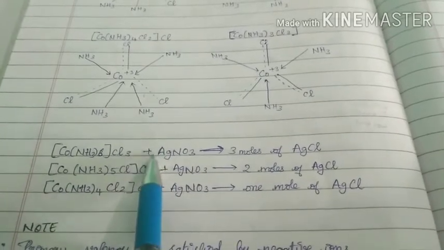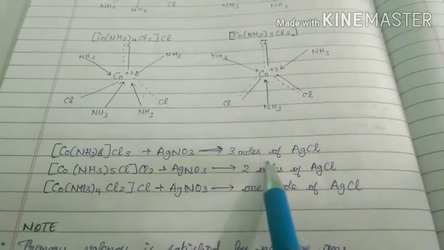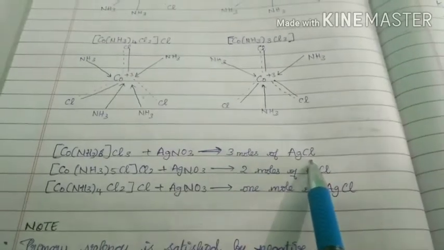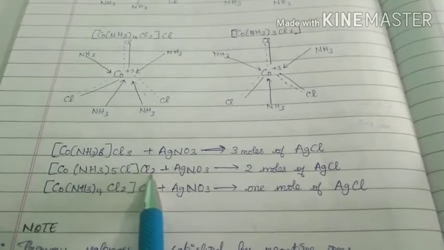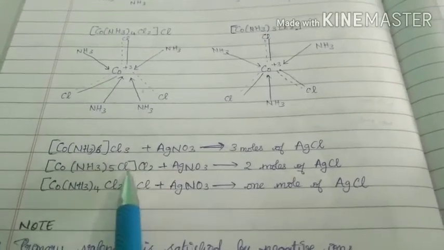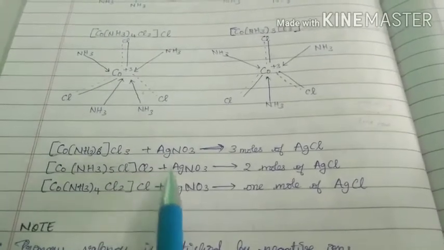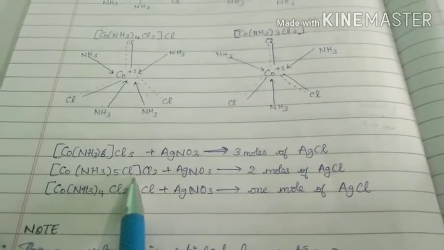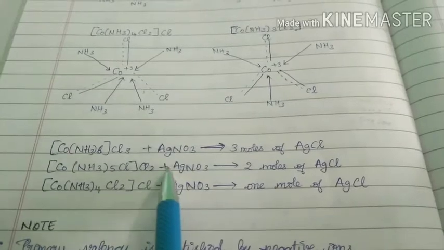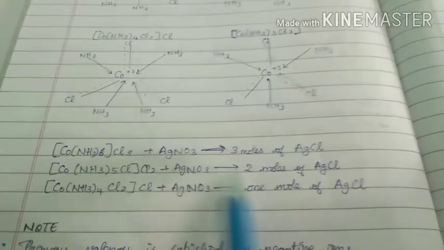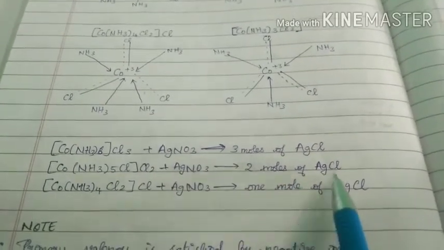That means we should take 3 AgNO3, then we get 3 moles of AgCl precipitate. In the second case, only 2 chloride ions are counter ions. This chloride ion is not involved in the reaction because it acts as a ligand, so Ag reacts with these 2 chloride ions. That means here we have to take 2 AgNO3 molecules, then we get 2 moles of AgCl.